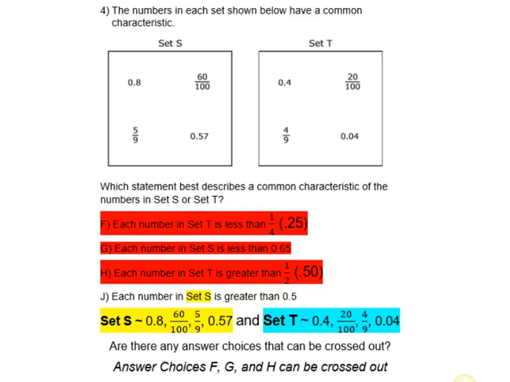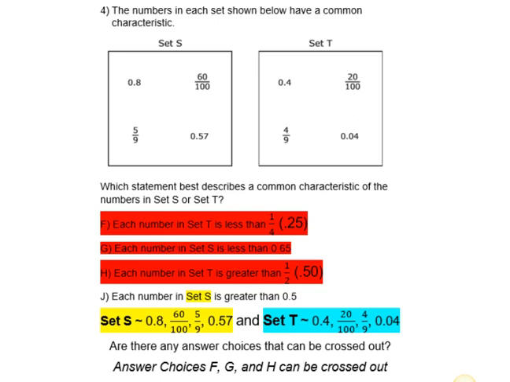Answer choice H says each number in set T is greater than 1/2. Okay, and in looking at set T, we know that that's incorrect as well, because the first number, 0.4, is actually less than 0.50, and the answer choice says each number in set T is greater than 1/2 or 0.50.